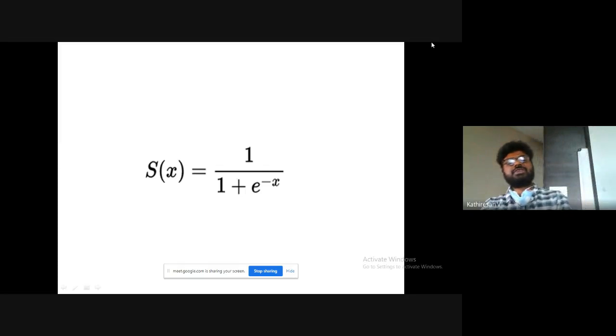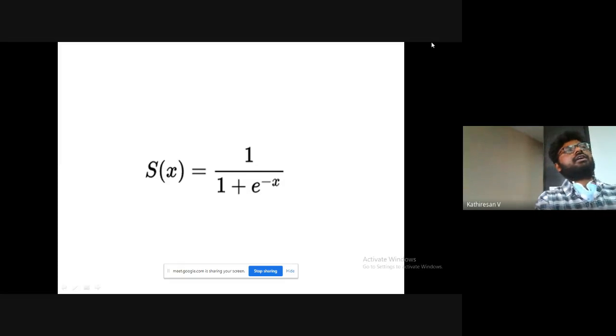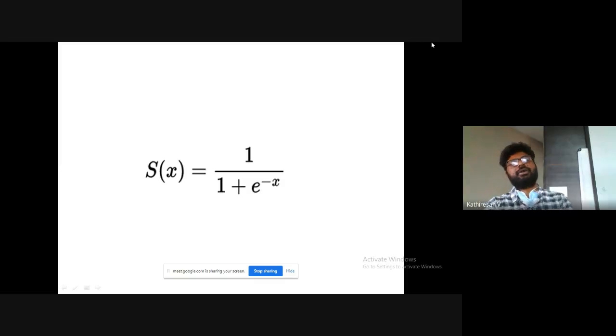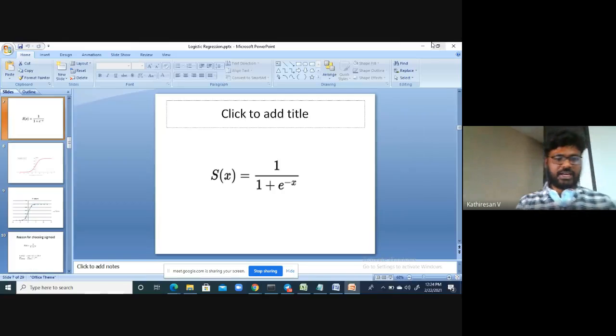Why are we using this particular formula for logistic regression? You may get the question, why are we using the sigmoid function for a probabilistic regression model? I have an answer for that.